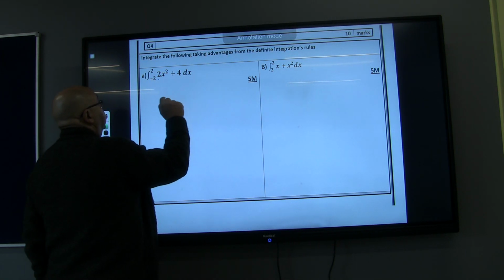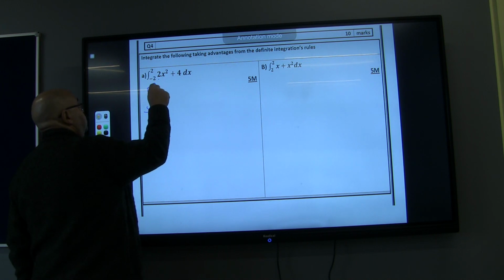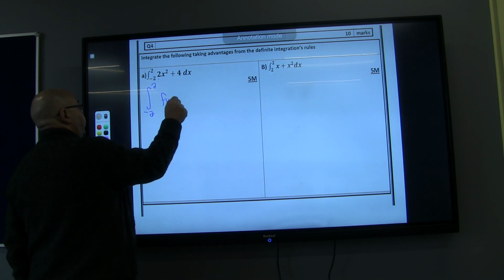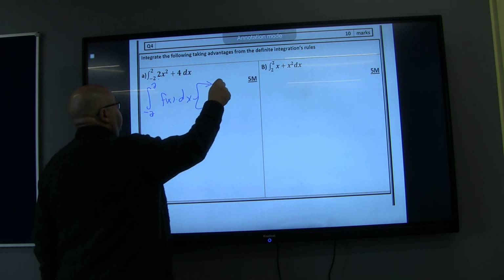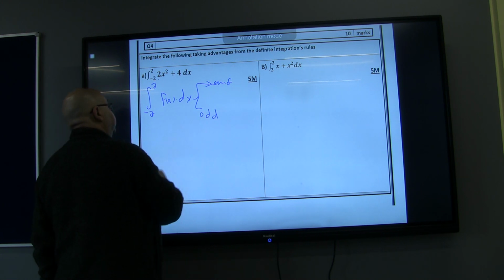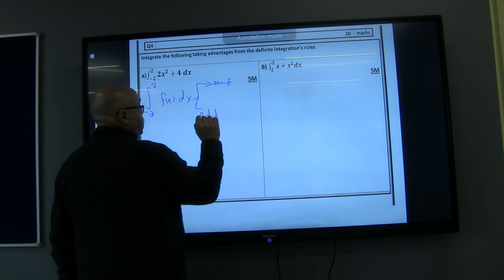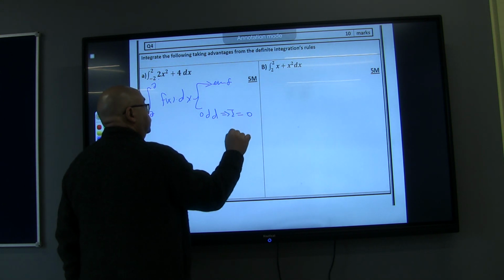Remember the property that states that if we integrate from negative a to positive a of f of x dx, if f of x is an odd function, the integral will be equal to 0.